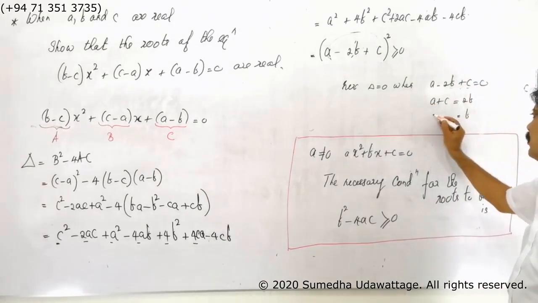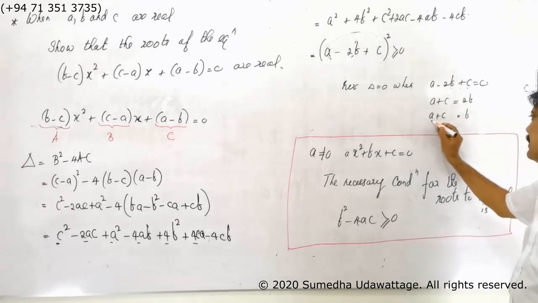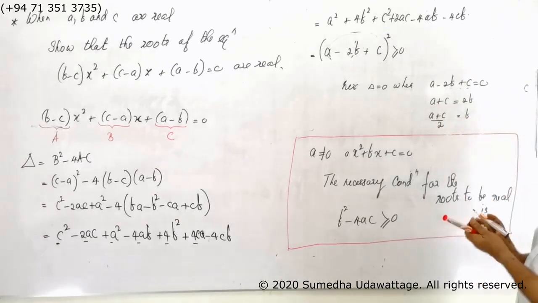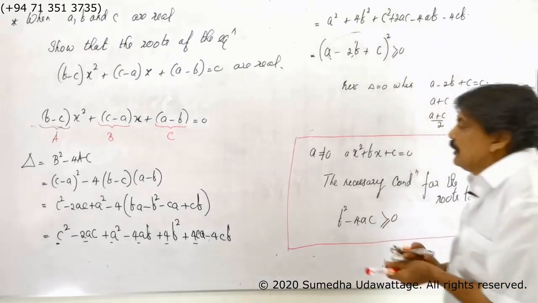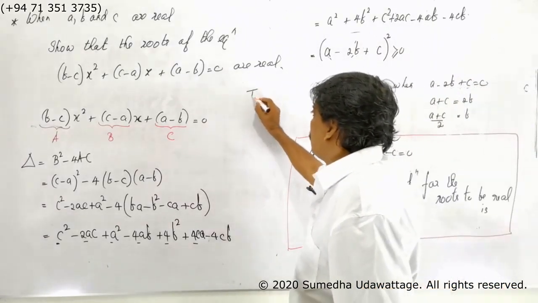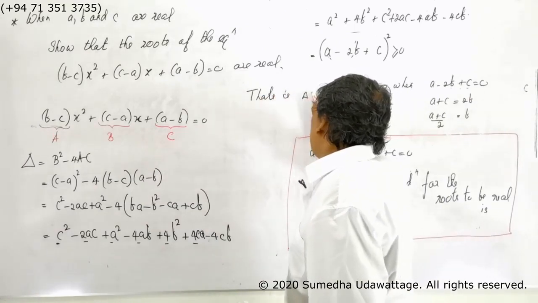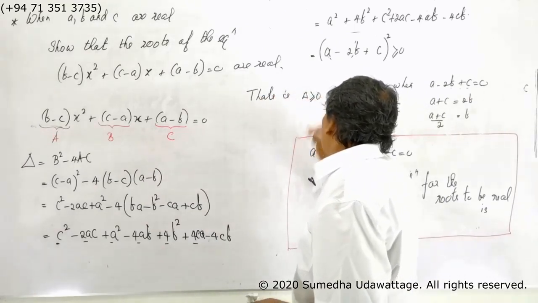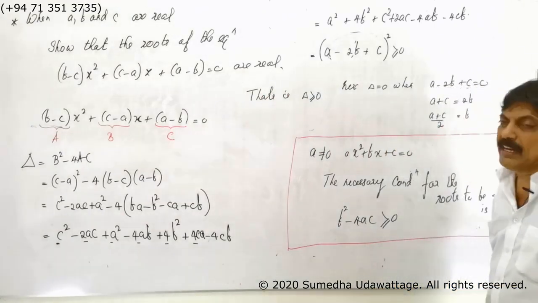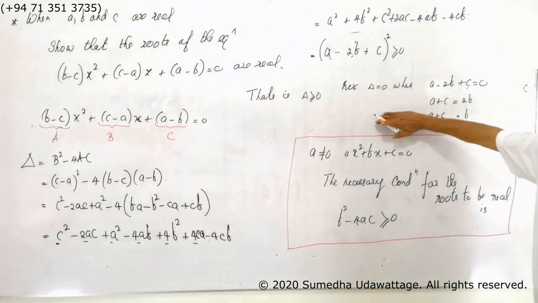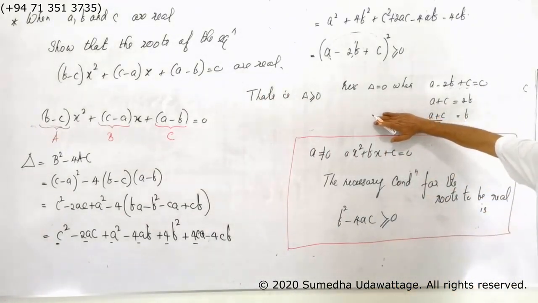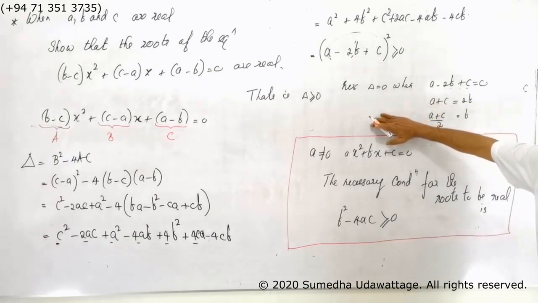B is equal to a plus c divided by 2. That is delta larger than or equal to 0. Therefore, you can write underneath, therefore, the roots of the above equation are real.